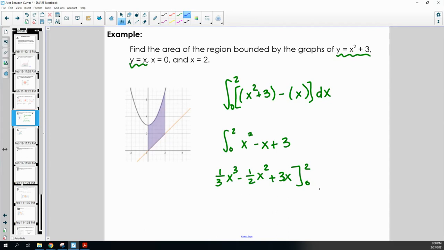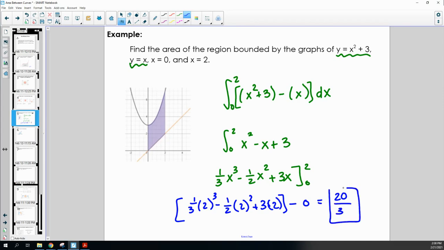So we found the antiderivative, we plug in the 2, and we plug in the 0. So I'm just going to show that really quick. Plug in the 2. We're going to then plug in our 0. And when we do that, that's just going to give us 0 for everything. So we end up getting 20/3 as our area between the curves.